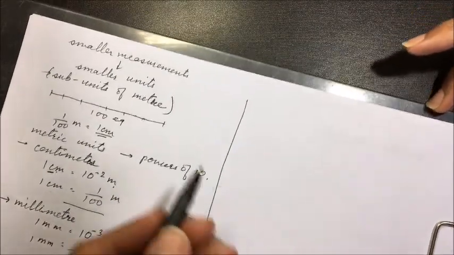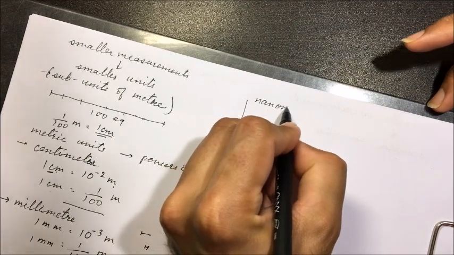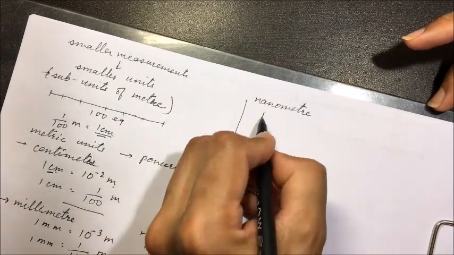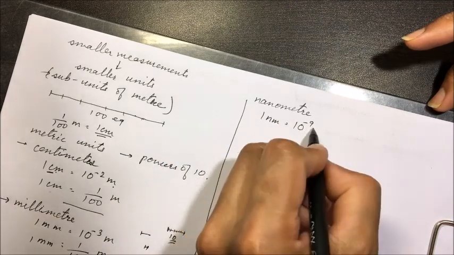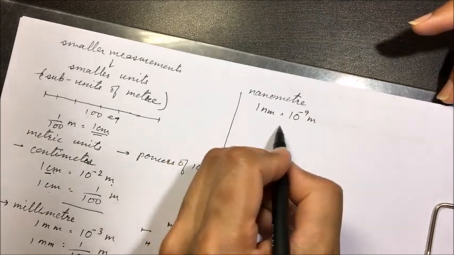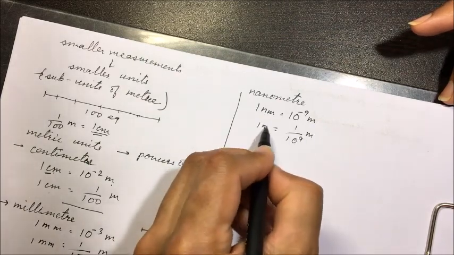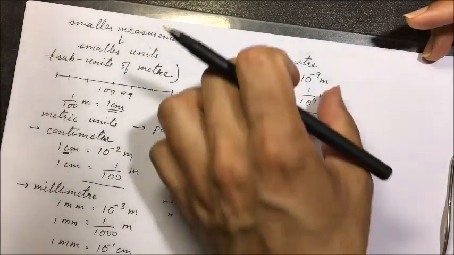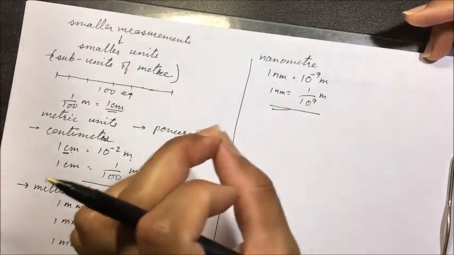If we go smaller, it can be nanometer. 1 nanometer equals 10 raised to power minus 9 meter. So these are the units which can be used to measure smaller lengths.